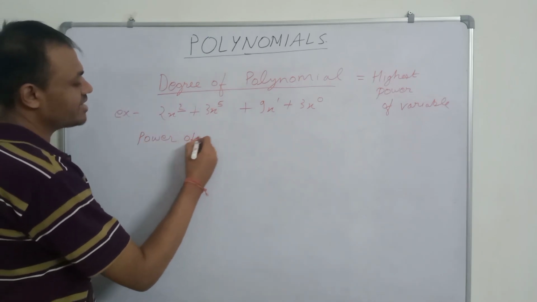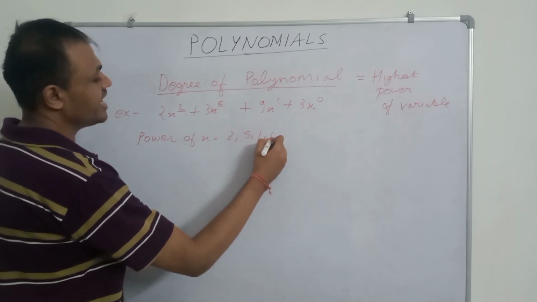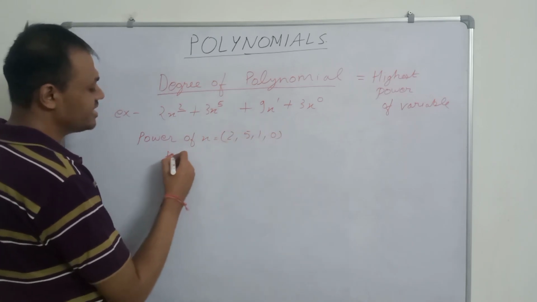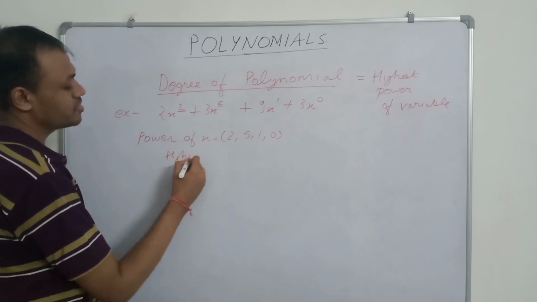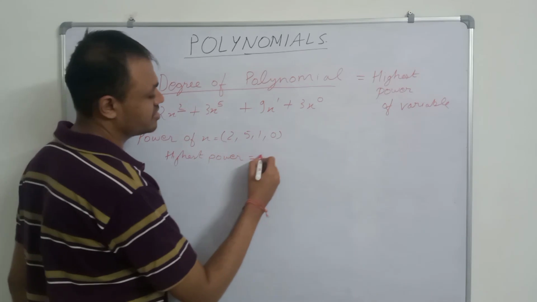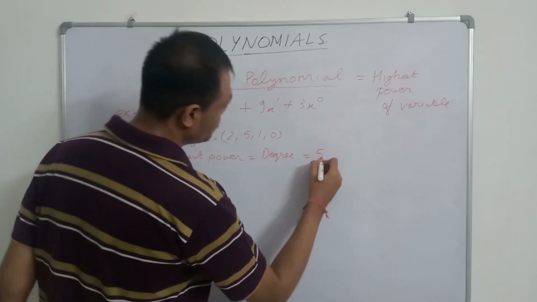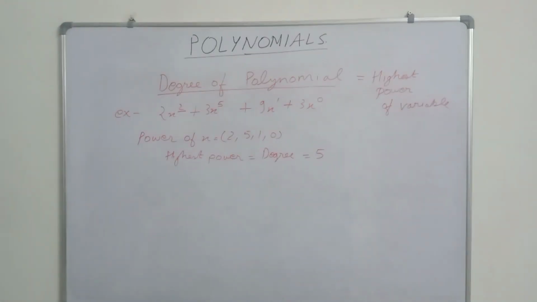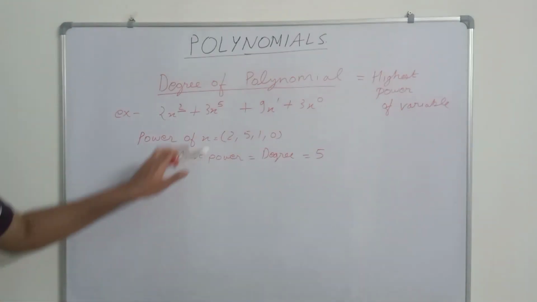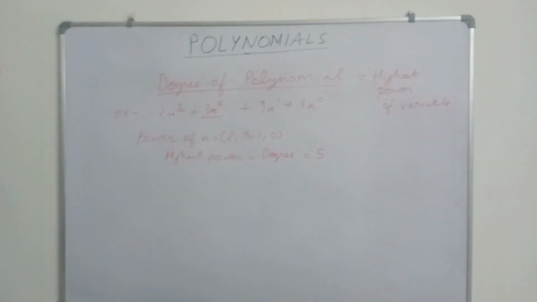So the powers of x are 2, 5, 1 and 0. The highest power is 5. So the highest power is equal to the degree of the polynomial, and it is equal to 5. This is how we find the degree of a polynomial.